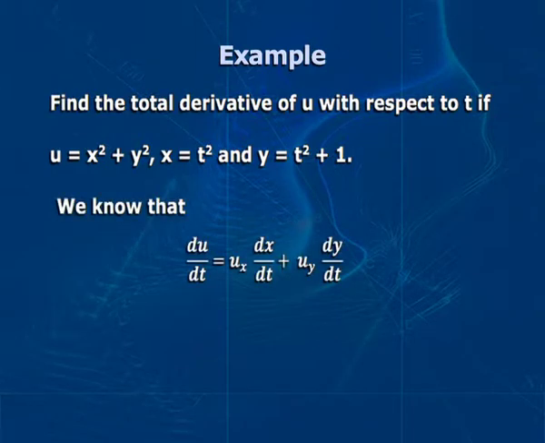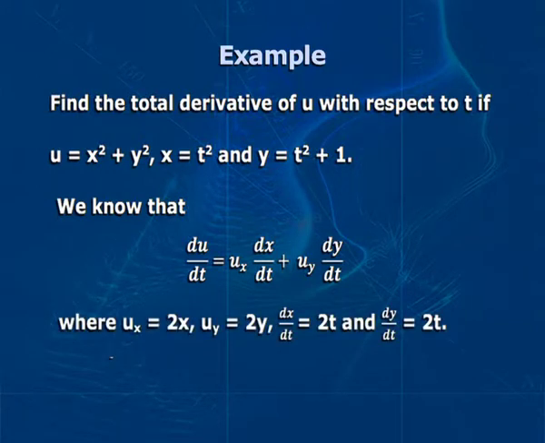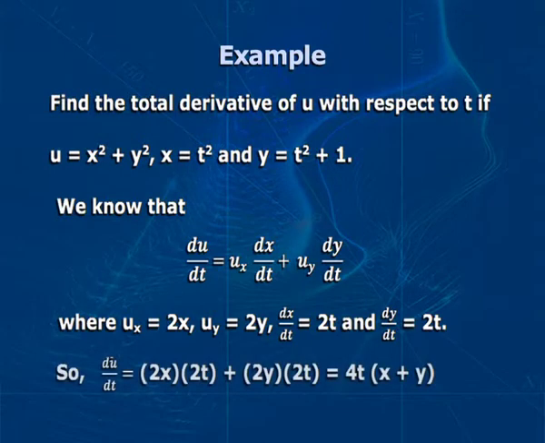We know that du by dt is equal to ux dx by dt plus uy dy by dt, where ux is equal to 2x, uy is equal to 2y, dx by dt is equal to 2t and dy by dt is equal to 2t. So, du by dt is equal to 2x into 2t plus 2y into 2t, which is equal to 4t into (x plus y).